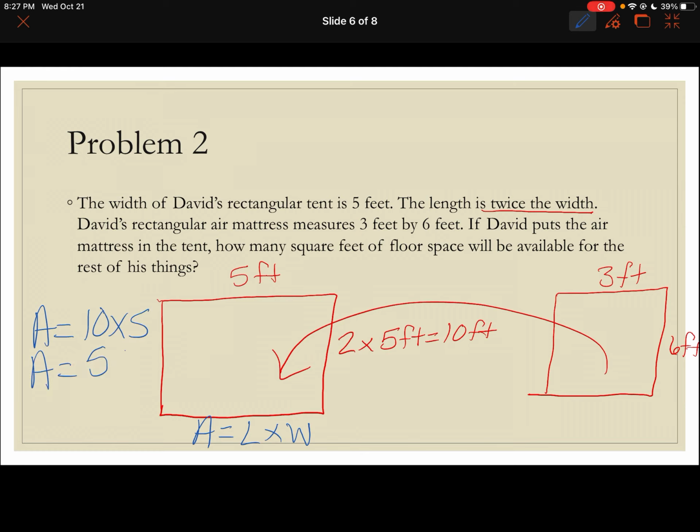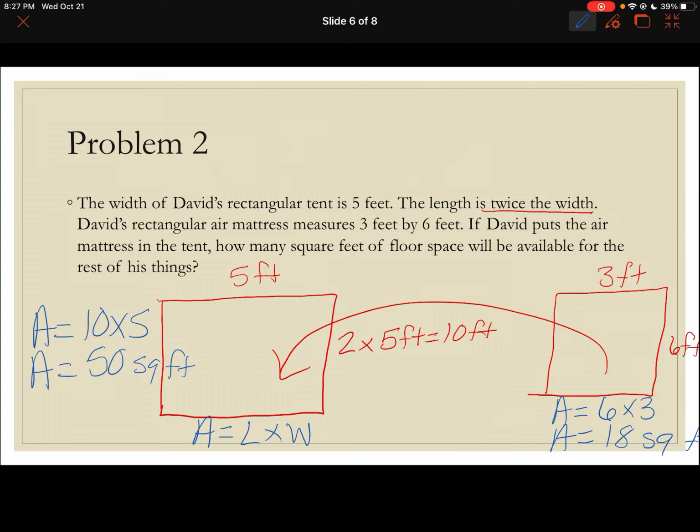Area is 50 square feet. For the mattress, it's going to be 6 times 3, and that is going to give us 18 square feet. So if we put 18 square feet inside the 50 square feet, if we take up some of this 50 square feet space, they want to know how much space is going to be left.